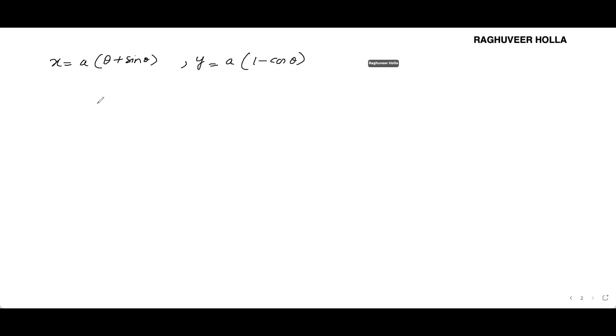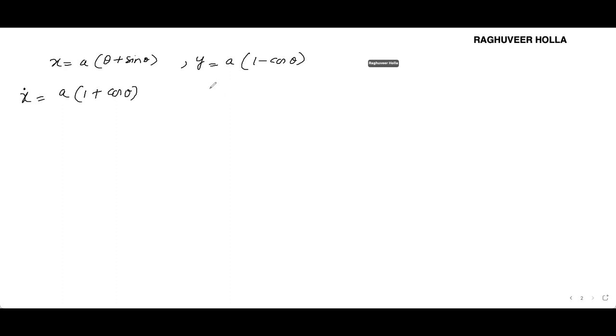Again, differentiating with respect to theta for both, x dot will be a into 1 plus cos theta.